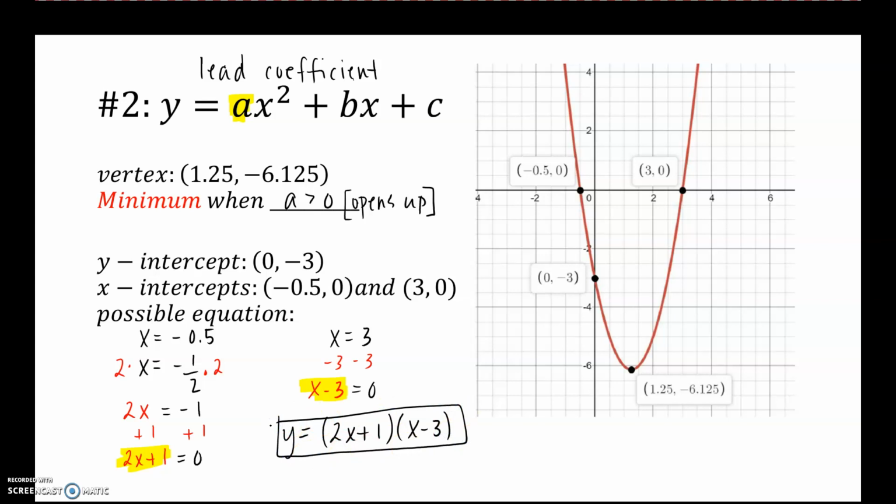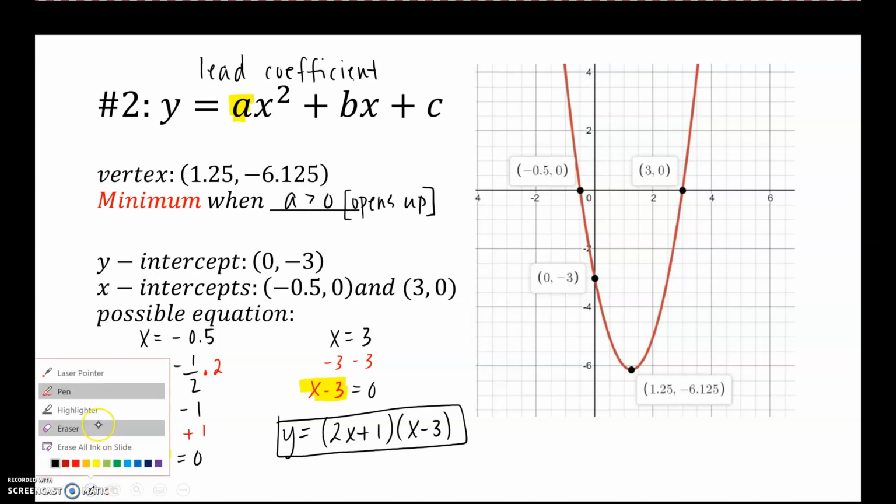So all I want you to work on is recognizing that relationship between the x-intercepts and the factors. Now, I understand from here, you could say, oh, if x is equal to negative 1/2, well, that's easy. I'm just going to add 1/2 to both sides, and I have the equation set equal to 0.